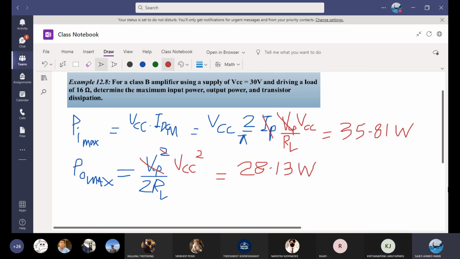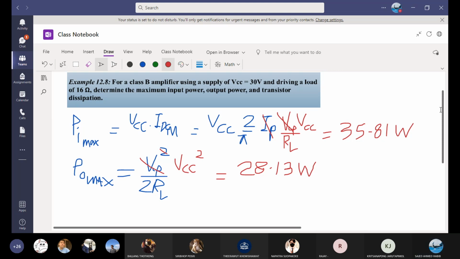Because it's output power over input power, right? If I take it as a ratio, I have to take VLP over VCC. VLP is the same as VCC. We have already established that it is maximum. We're using that case, so it's 78.54. But if you take 28.13 over 35.81, I also see 78.5% efficiency.